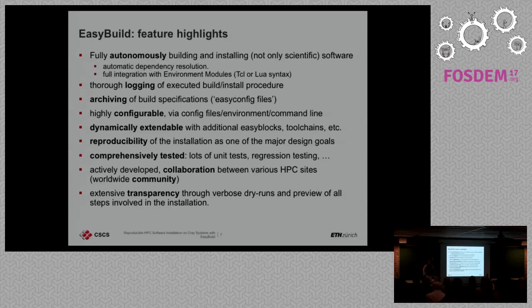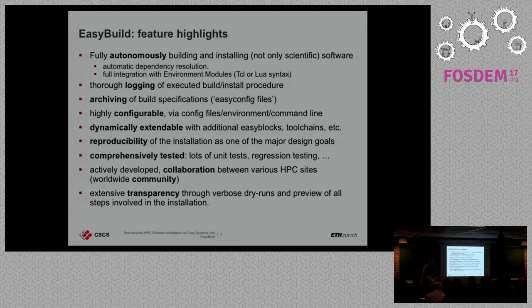This is one step for achieving reproducibility. It's highly configurable on command lines or files, it's up to you, or site-wide configurations. It is dynamically extendable, so you have the recipes, but you can write your own. You can just extend existing classes and then write the things that are specific to your software.